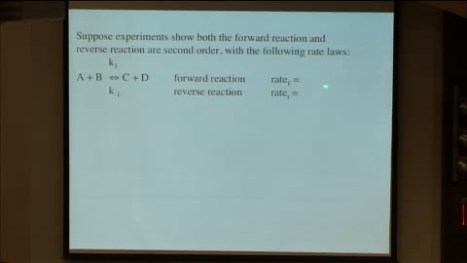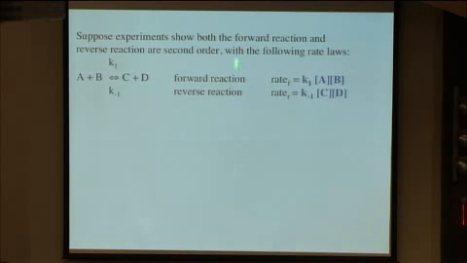So the rate of the forward reaction is going to be equal to k1 times the concentration of A and the concentration of B. And on the bottom, our rate is going to be equal to the little rate constant for the reverse reaction, k minus 1. And in the reverse direction, our reactants are the products of the forward direction, C and D.